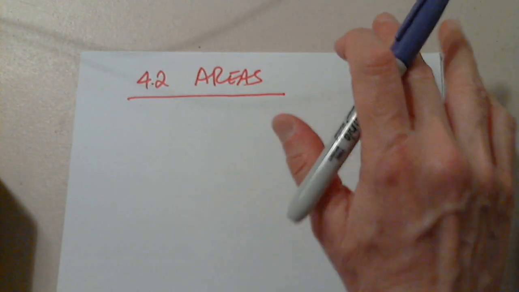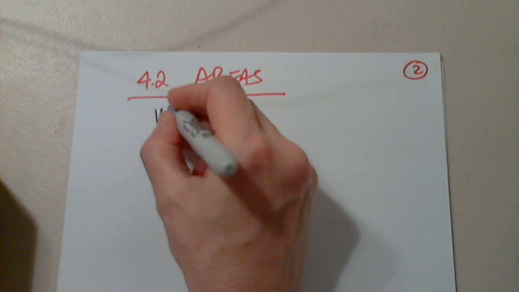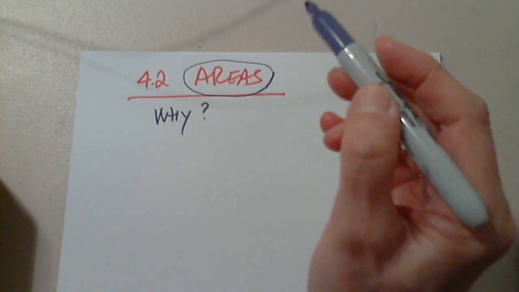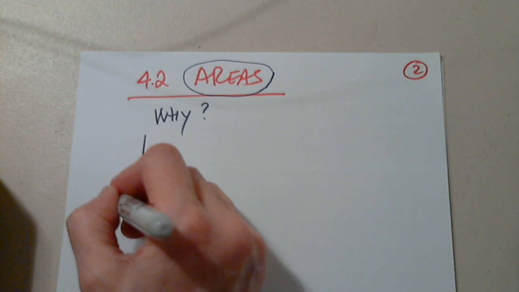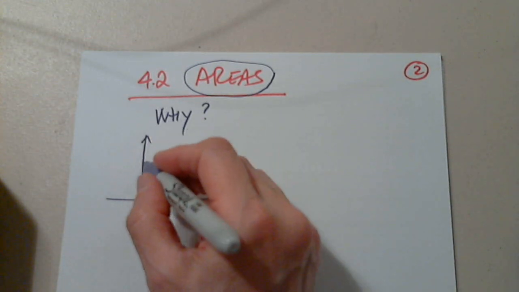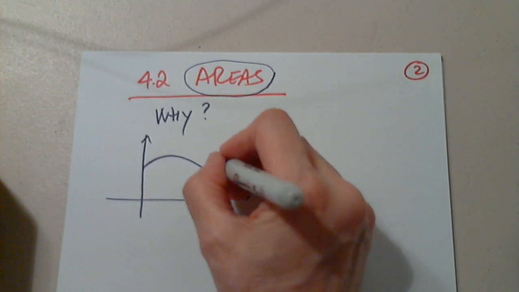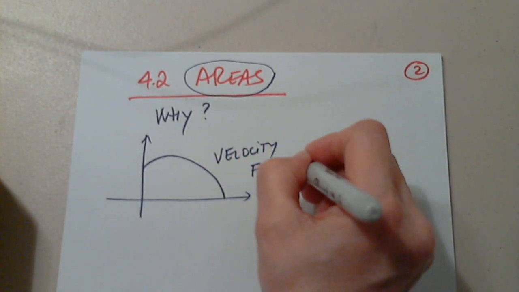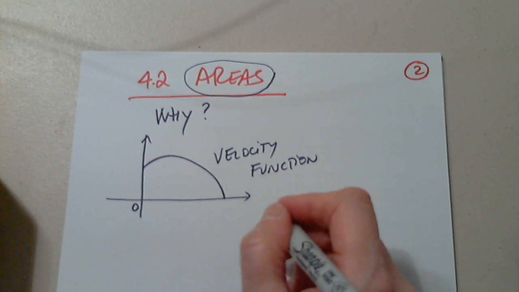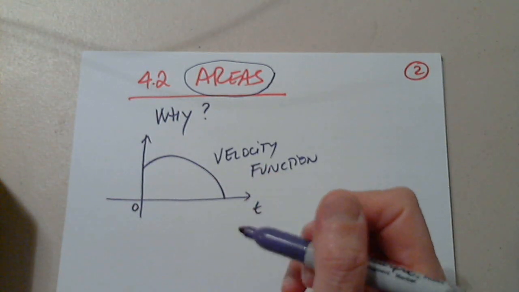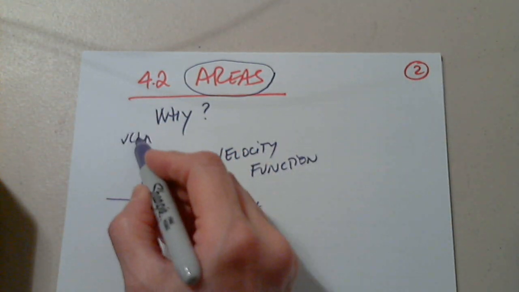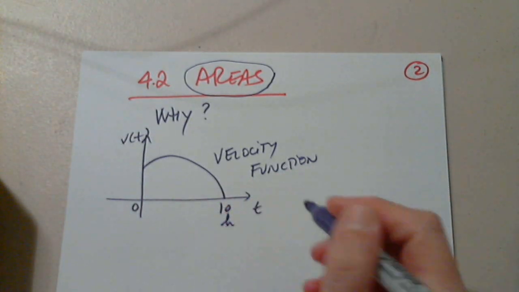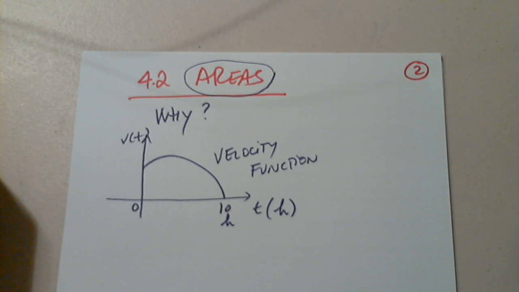Okay. So now let's look at areas. First of all, why would I care about areas? Here's the reason why. Assume that I have the velocity. Let's say this is the velocity function, between 0 and this is t, and this is v of t, velocity. Say between 0 and 10 hours, so this is in hours.